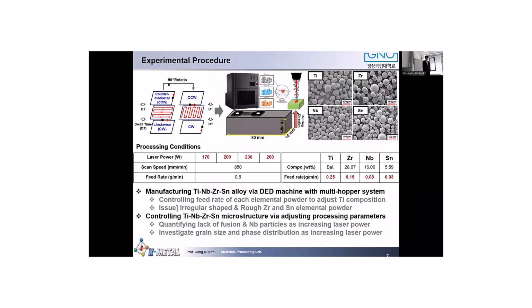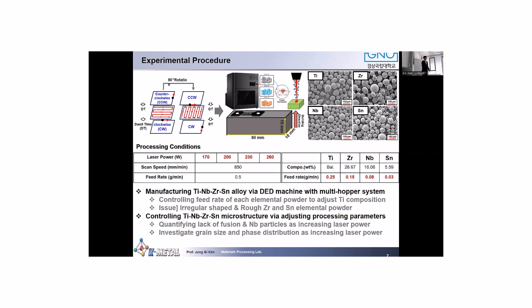To achieve this goal, we designed the titanium niobium zirconium tin alloy system using a DED machine with a multi-hopper system. The reason we did not mix elemental powder before the DED process is that we don't want to waste too much elemental powder. As I mentioned, the powder cost was horrible, and also we can control the feed rate of each elemental powder with the multi-hopper system, as you can see in the summarized table.